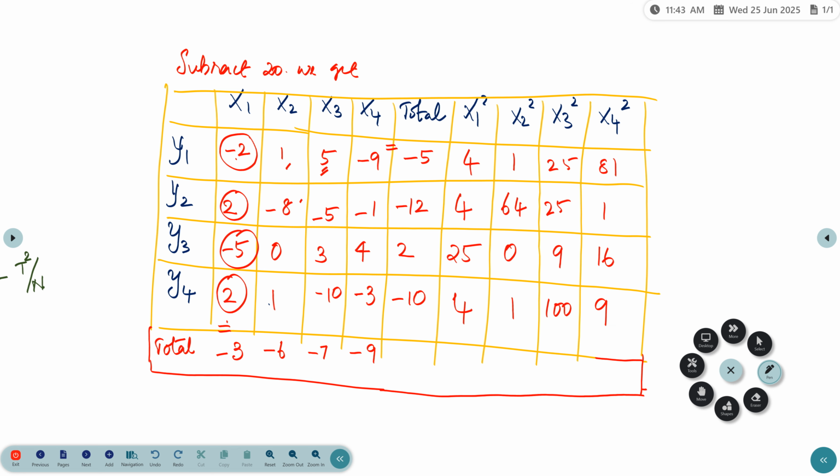Now we are going to add the values. Summation x1 square is 37. Next, summation x2 square is 66. Summation x3 square is 159. Then summation x4 square is 107.